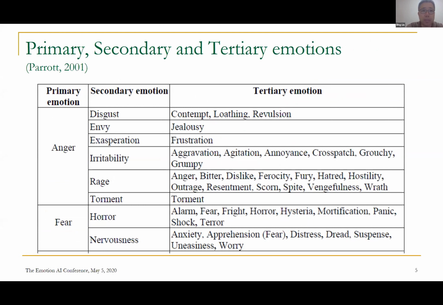Another interesting thing about emotions is that there are lots of human emotions, and you can group them into primary emotions, secondary emotions, and tertiary emotions. Of course, not everybody agrees with this kind of categorization.